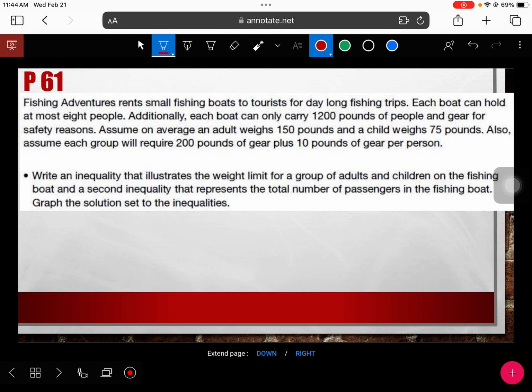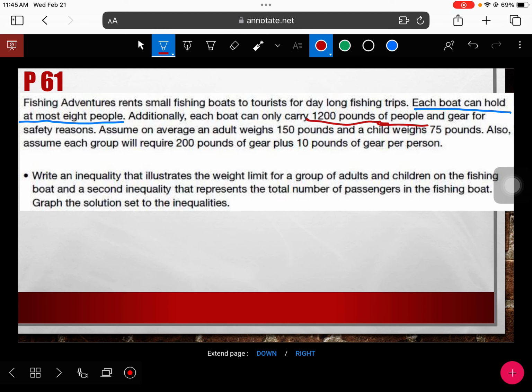All right, page 61. Fishing Adventures rents small fishing boats for tourists for day-long fishing trips. Each boat can hold at most 8 people. Ooh, there's a number, might be important. Additionally, each boat can carry 1,200 pounds of people and gear for safety reasons.